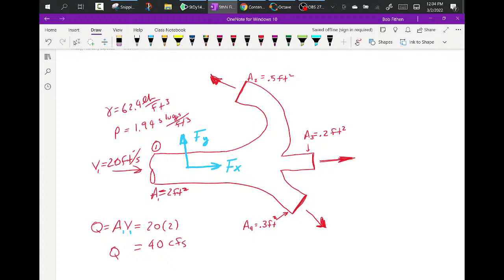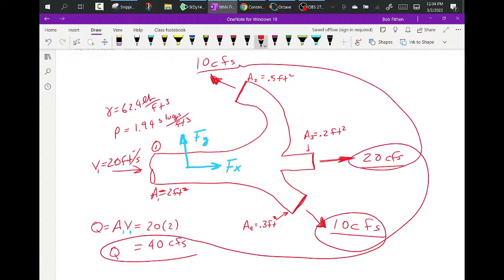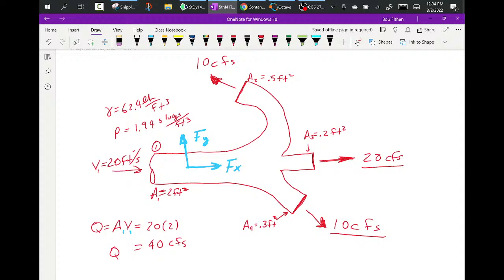So I'm going to assume that this is 20 CFS, and I'm going to make it 10 CFS out of here, and 10 CFS out of here, cubic feet per second. So that gives me Q out, 10 and 20 and 10 gives me 40. So I have satisfied that.